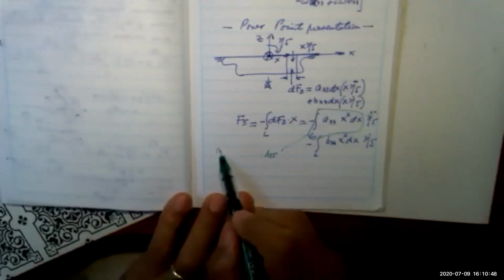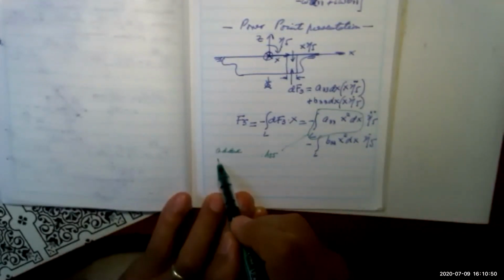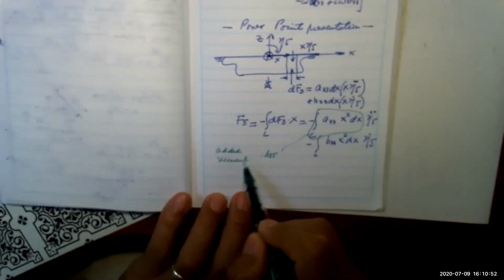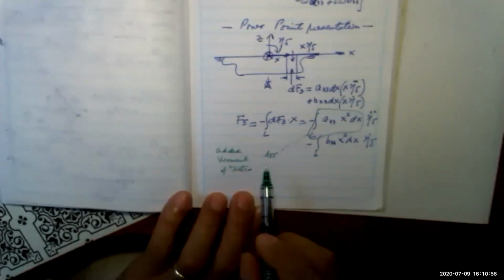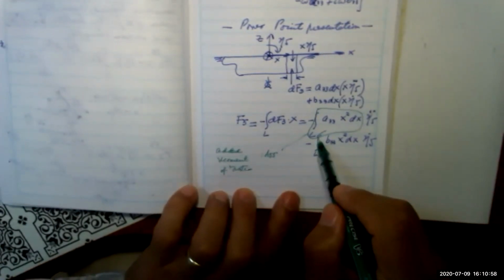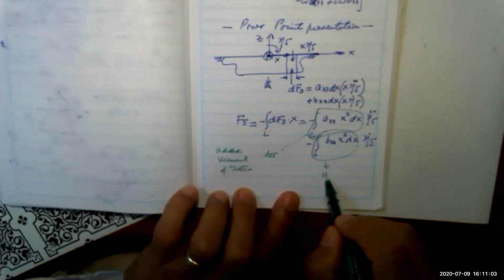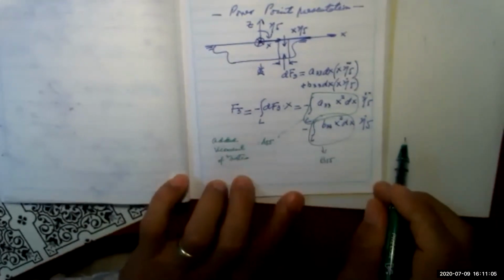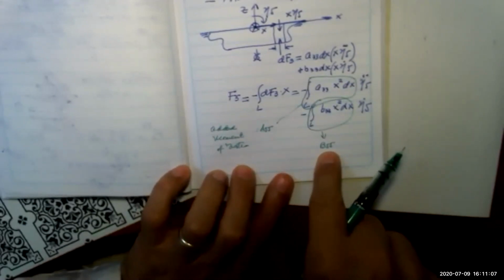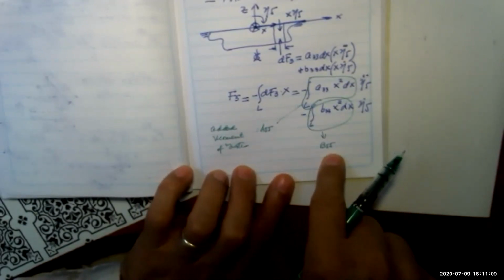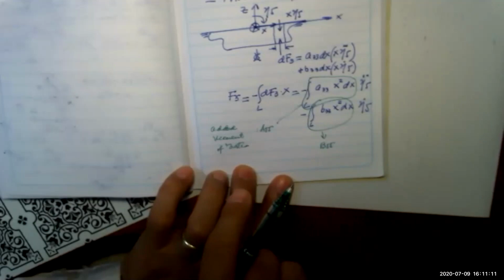Exactly. It would be the added moment of inertia. And this thing here, without the sign, is going to be B55. So this is going to be the damping coefficient in pitch.